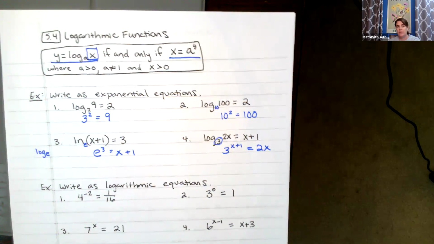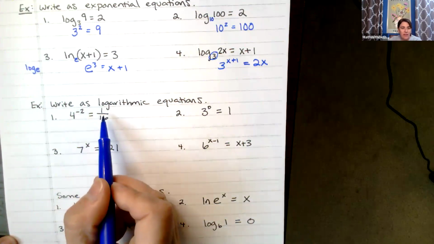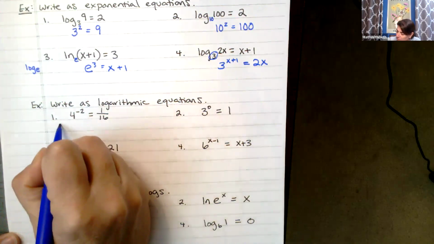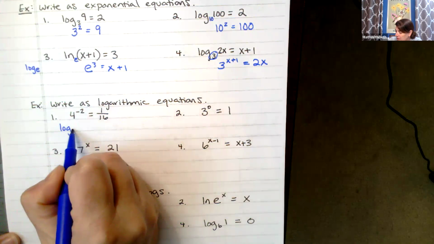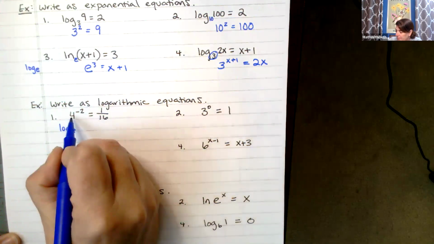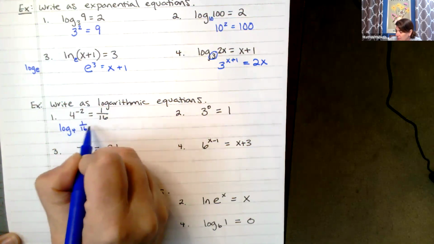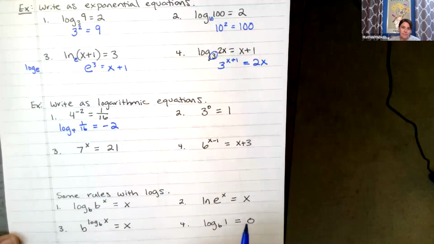So now we're going to go the other way. If it starts in exponential form, if it were helpful, would you be able to rewrite it as a log problem? So just keep in mind that whatever is the base here becomes the little base for the log. And then whatever was on the other side goes with it. The exponent should now be all by itself.